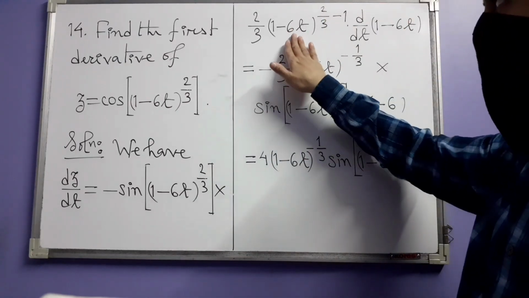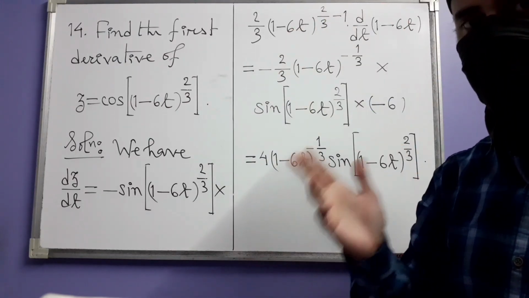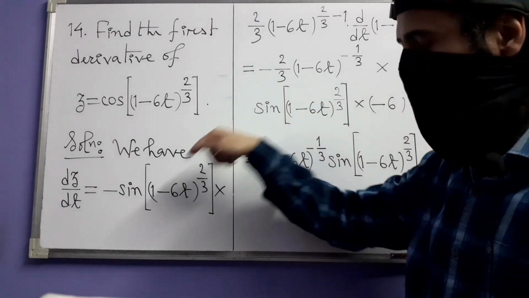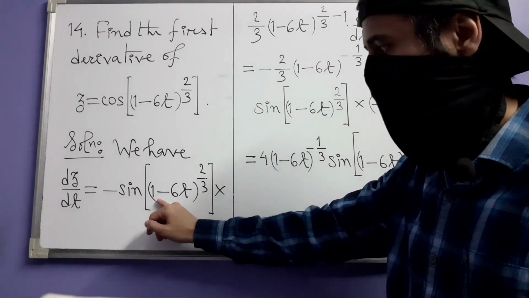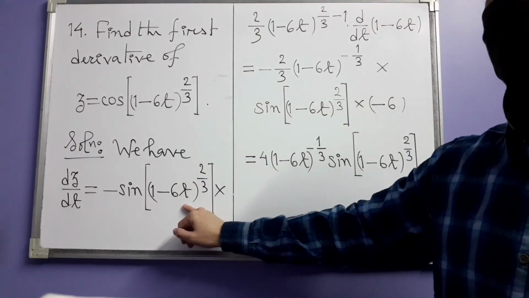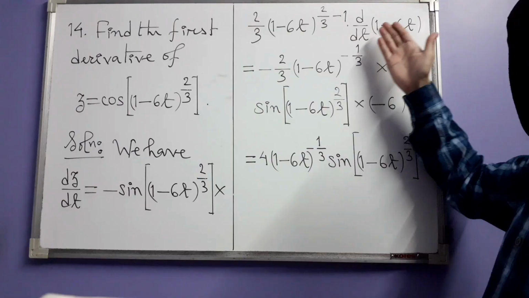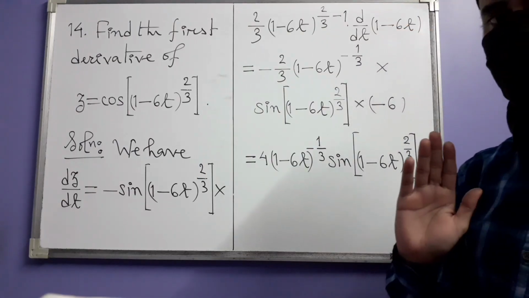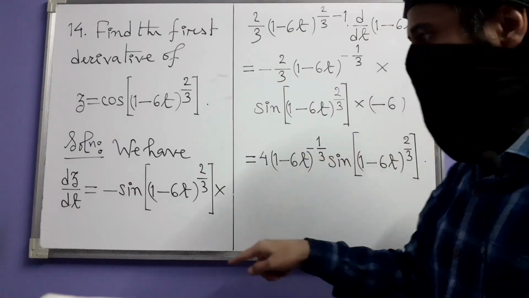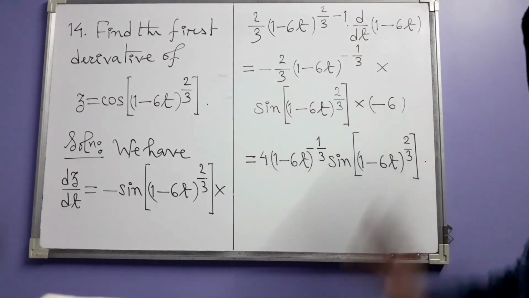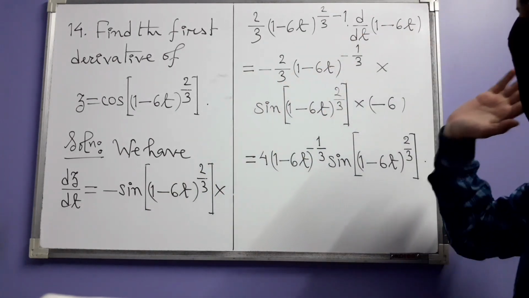Here you are using the formula for the derivative of a rational power, but you have to go inside more, because the innermost room is 1 − 6t, and then you have to multiply this entire thing with the derivative of 1 − 6t finally with respect to our actual independent variable t. So that's how you get this.